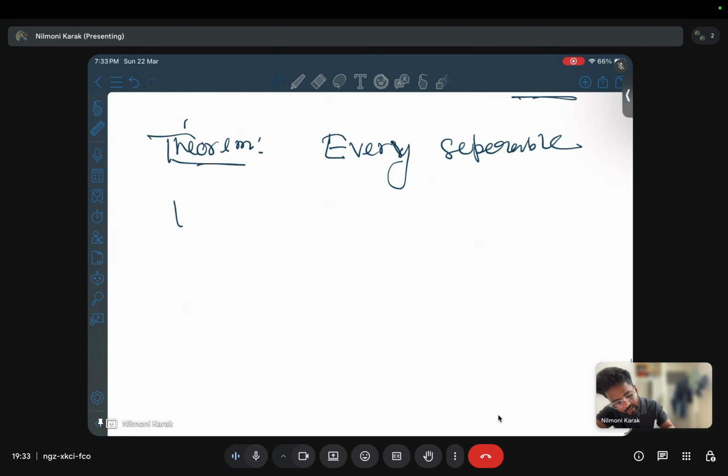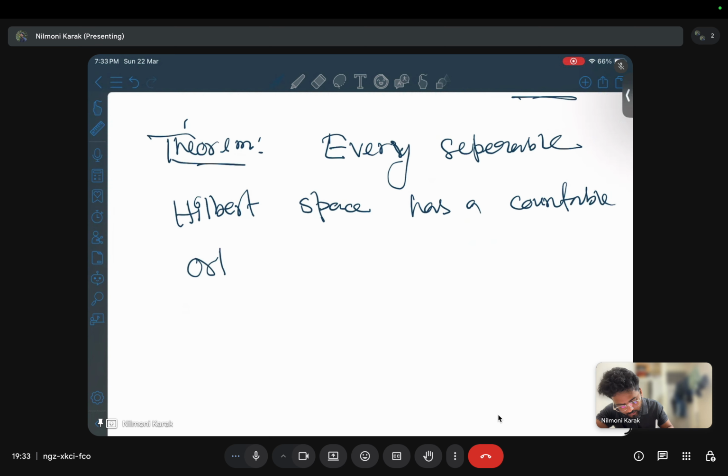Every separable Hilbert space has a countable orthonormal basis.